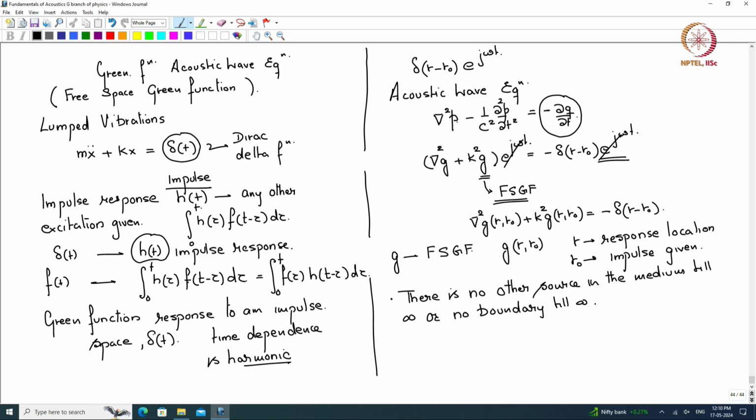Hence free space. So this is the only source, located at r equal to r0, which is harmonic, and it sits in an infinite medium.